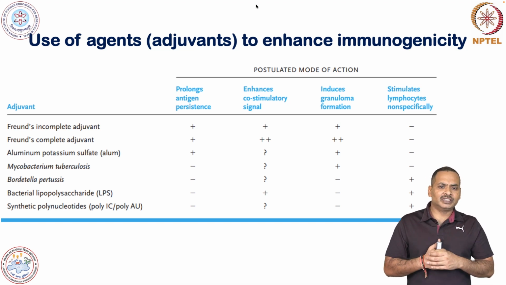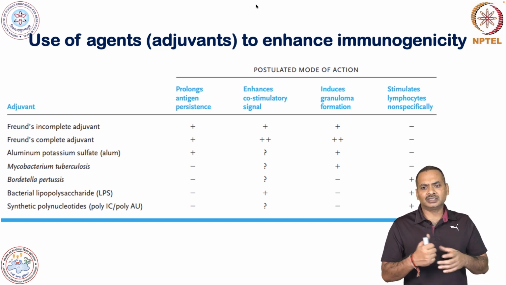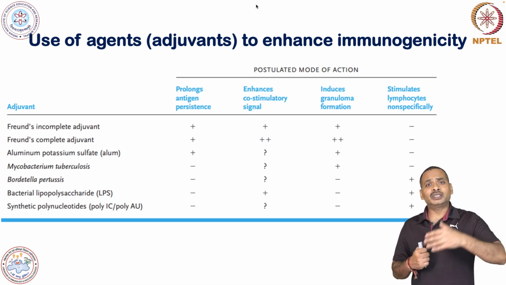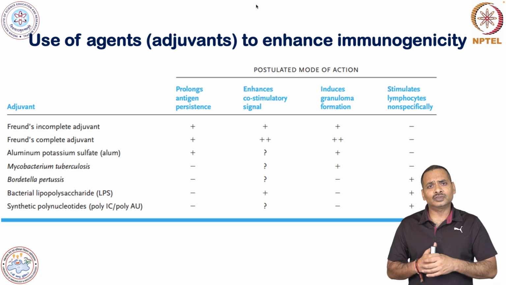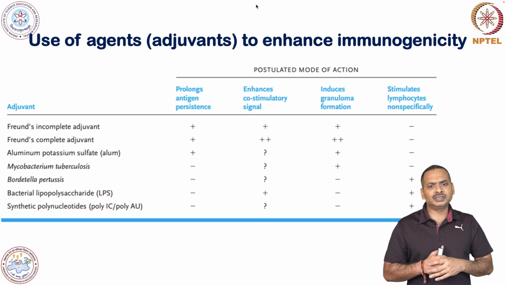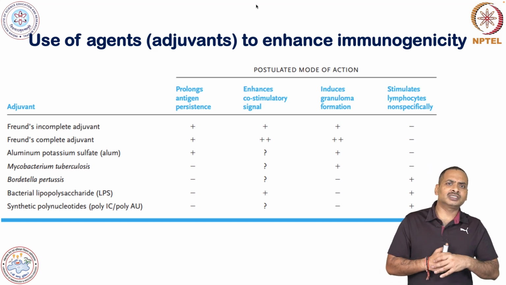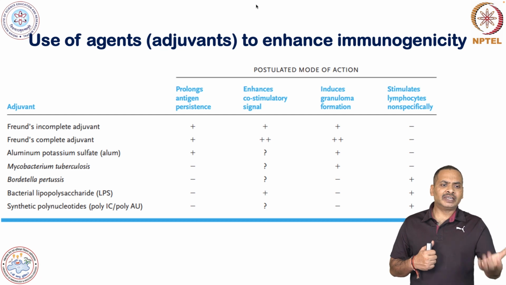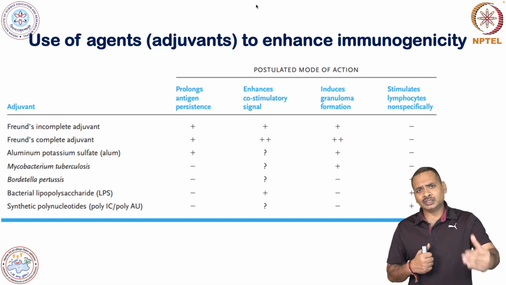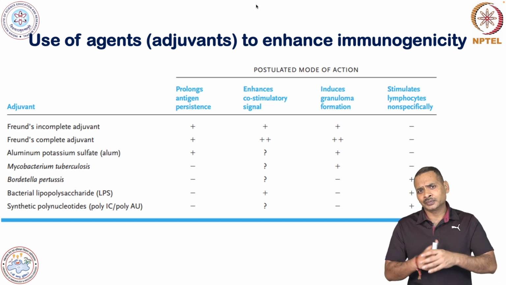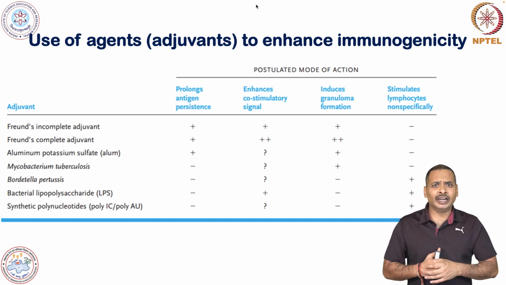People use Mycobacterium tuberculosis, but I do not know where else it is used; we use Mycobacterium tuberculosis in the case of Freund's complete adjuvant. Bordetella pertussis is also hypothesized to be used as an adjuvant. Bacterial LPS is also hypothesized to be used as an adjuvant.